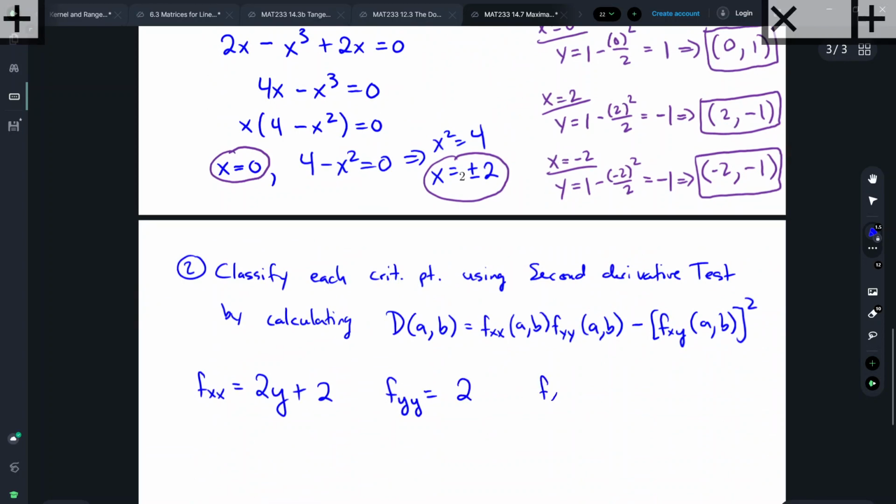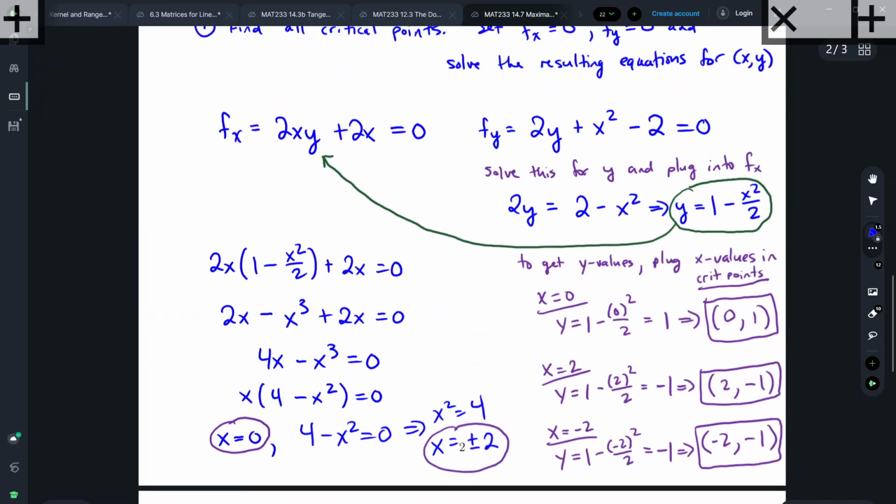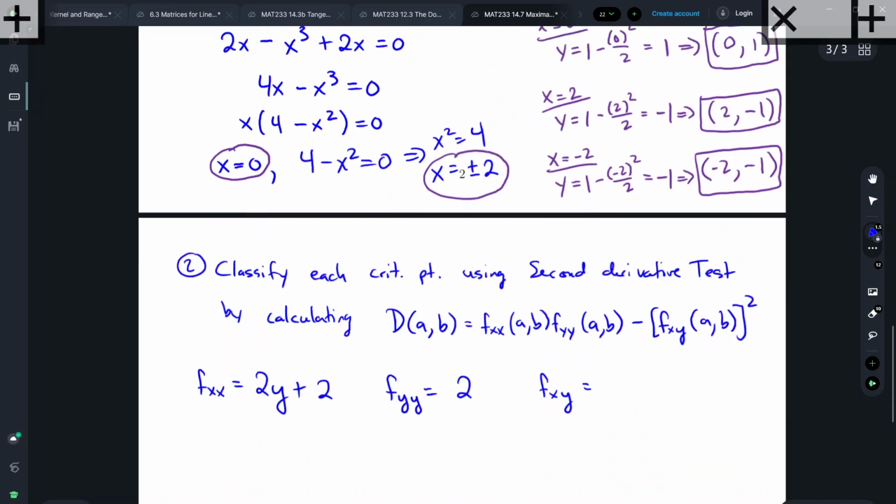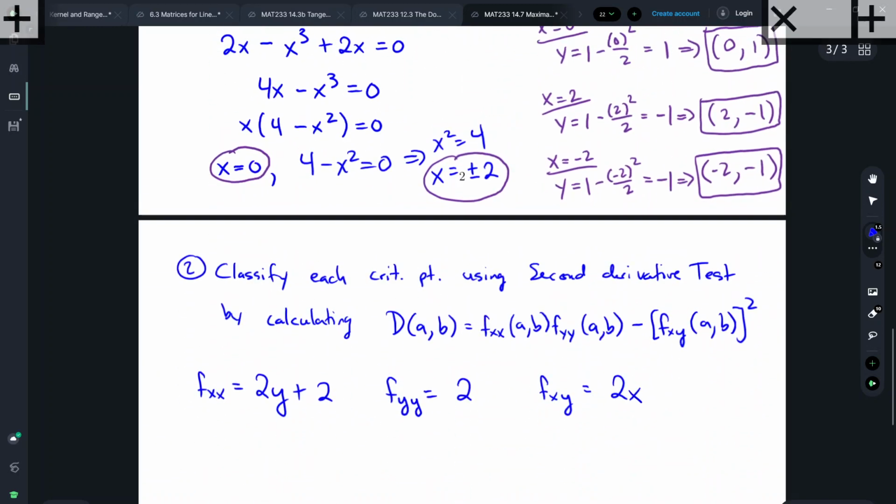And then I also need the mixed partial, fxy. So I have to go back to the first one here and then take the partial with respect to y. So this term goes away, and I'm left with 2x from this term. Okay, so that's all of the second order partial derivatives.